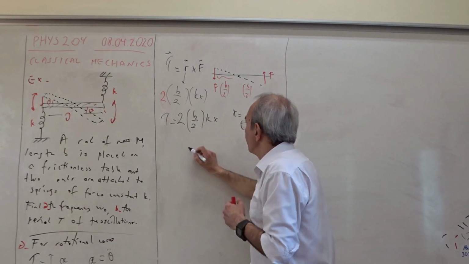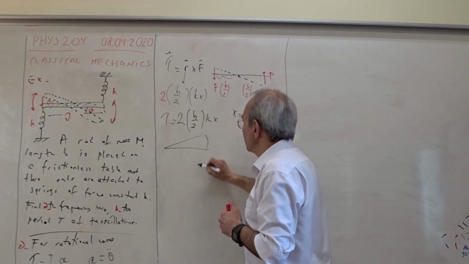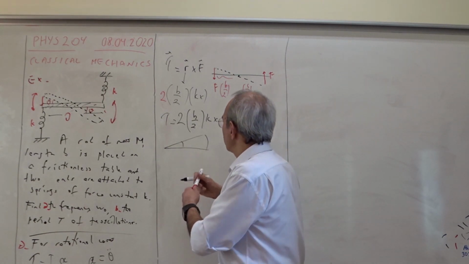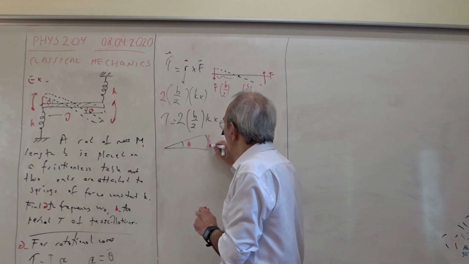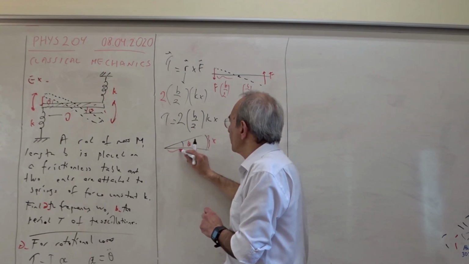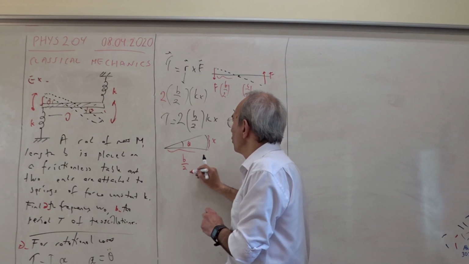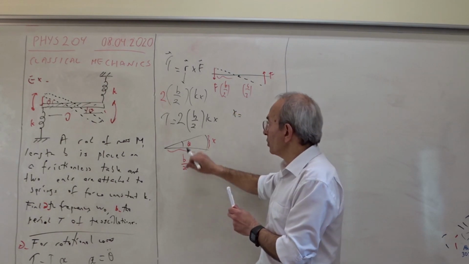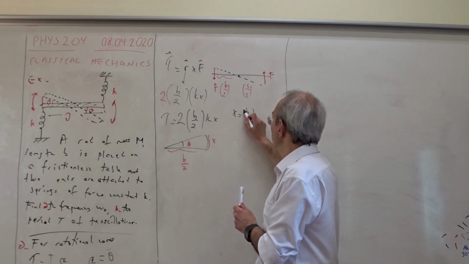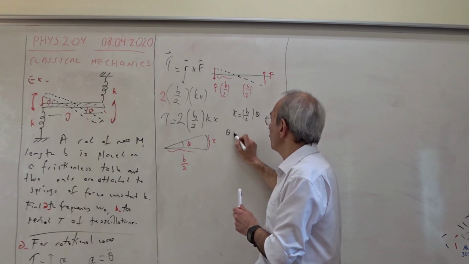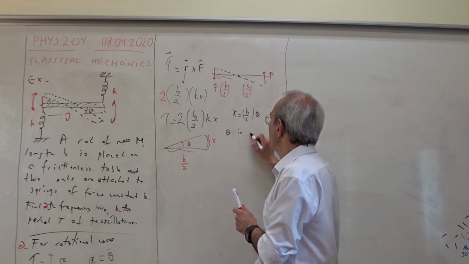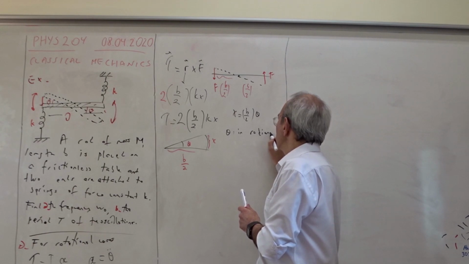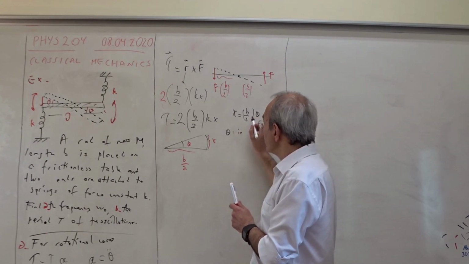Remember that for circular sectors like this, if that part is angle theta, that arc length is X and that radius is, in this case, B over 2. So X is just the product of B over 2 and angle theta. Of course, don't forget to take theta in radians, not in degrees. So X is B over 2 theta.